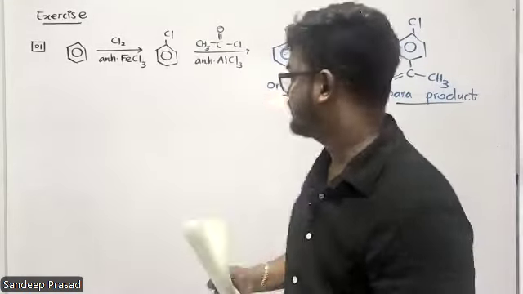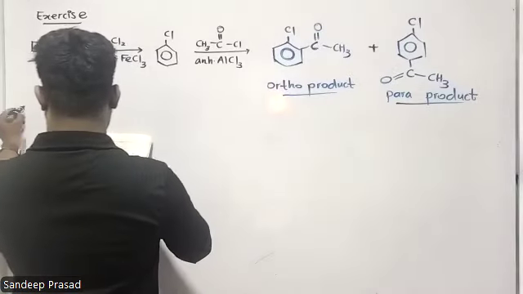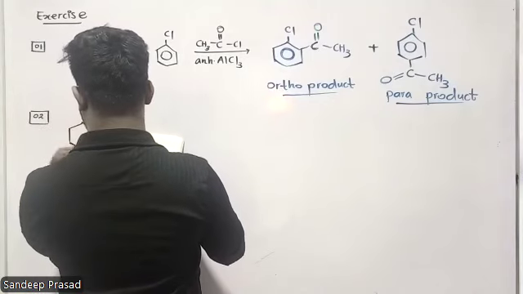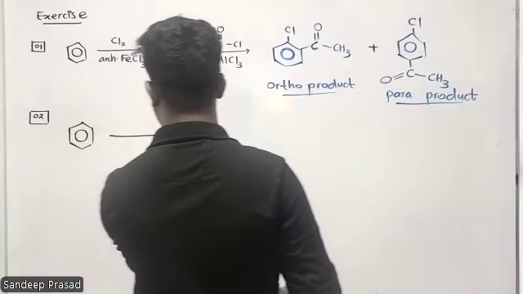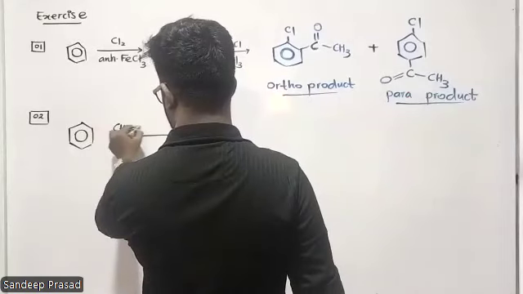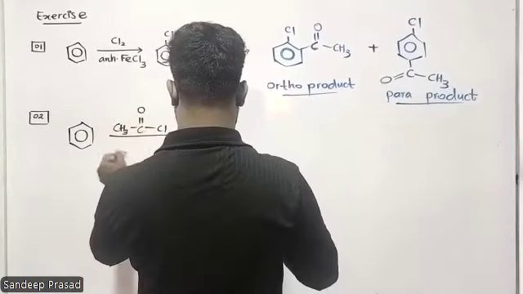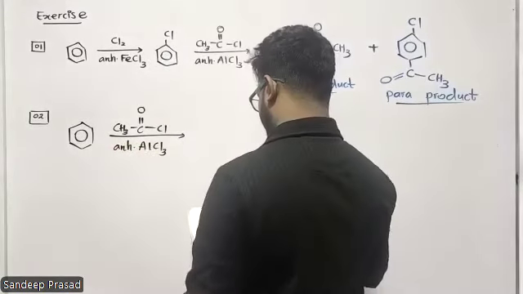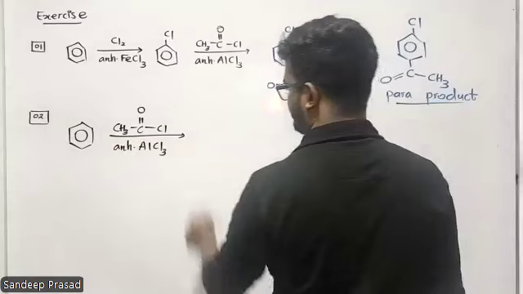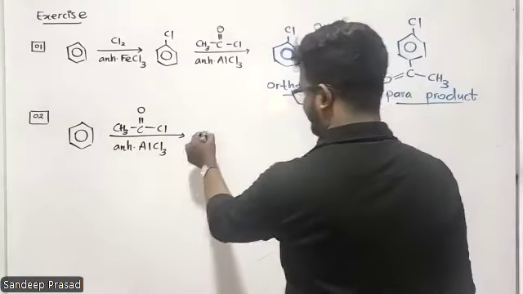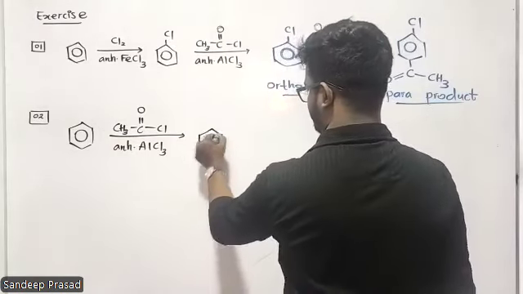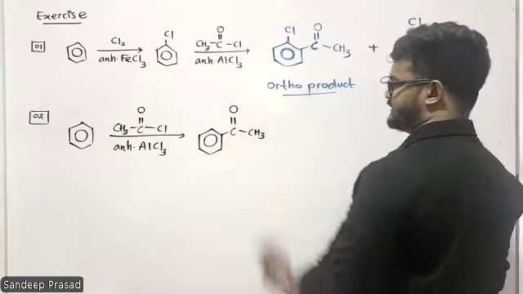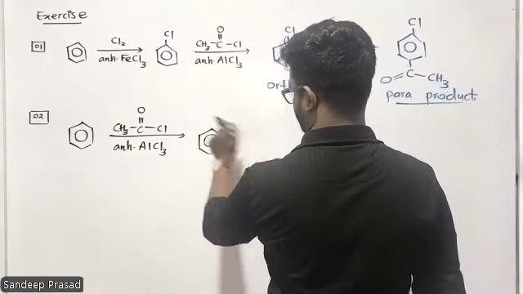Next one, number 2. CH3C double bond O Cl, anhydrous aluminium trichloride. Then what is the product? Friedel-Crafts acylation, C double bond O CH3. Right. So let me connect that one here.